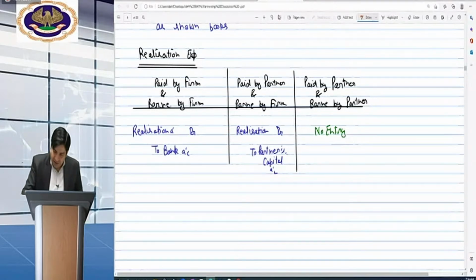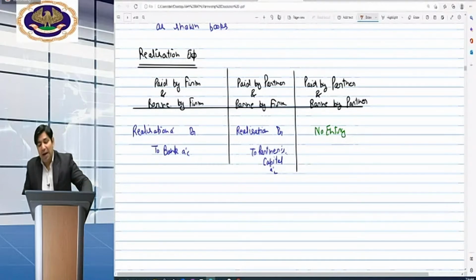Anyways, now the point is realization expenses. Beta, it is a simple thing. Who will pay? Who will say to bank? If the firm is paying, then in the books of the firm it will be treated as to bank.